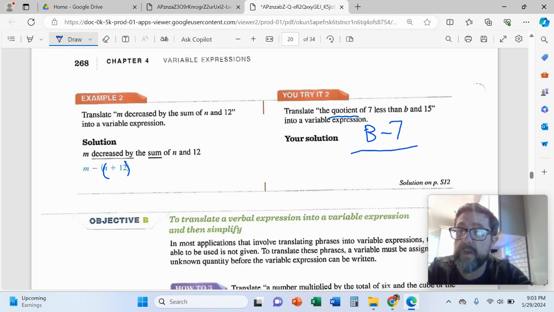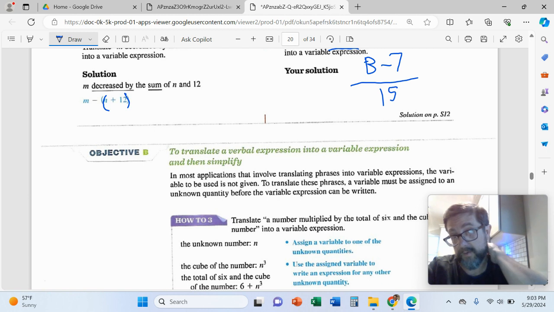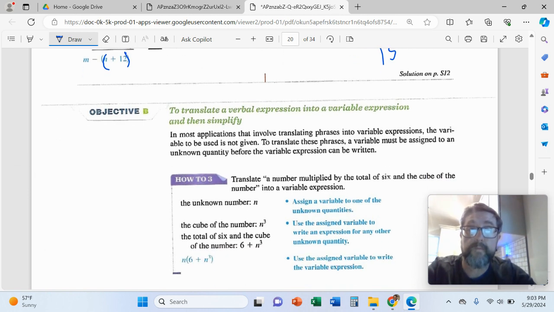So we're going to divide it by 15, I would guess. So if b were 22, it would be 15 divided by 15, which would be 1. But we don't know what b is, so we can't make assumptions like that. But we can simplify it or write out our problem. Later on, we might find out what b is.